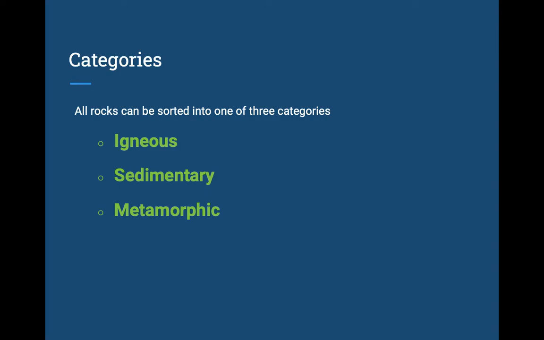We have igneous, the first one I talk about, sedimentary, which I'll get to next, and then I'll close with metamorphic rocks. Again, any rock we see can be fit into one of these three categories.